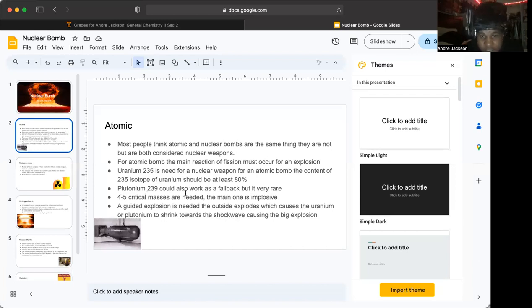The main one is implosive. A guided explosion is needed. The outside explodes, which then causes the uranium or plutonium to shrink towards the shockwave, causing the big explosion, as we know as the mushroom clouds and all that stuff.